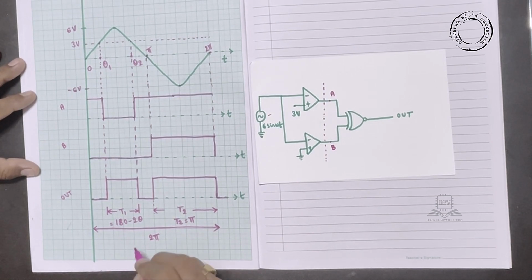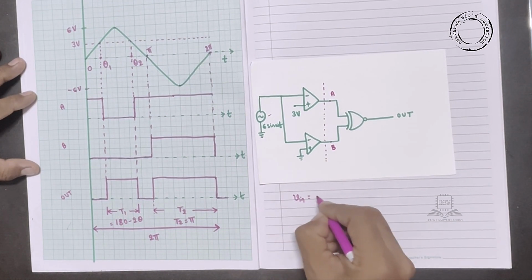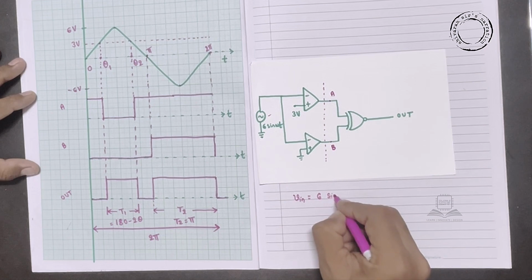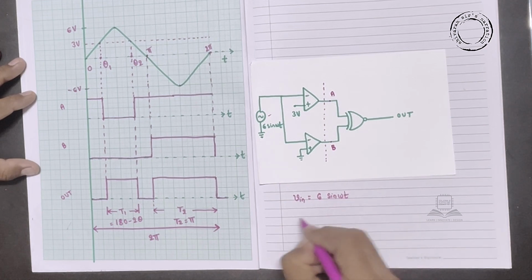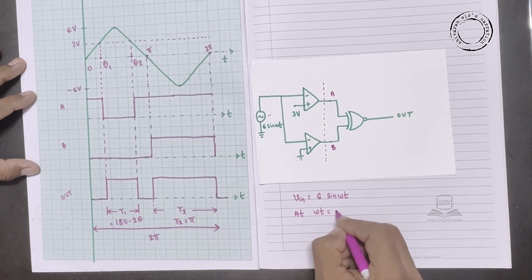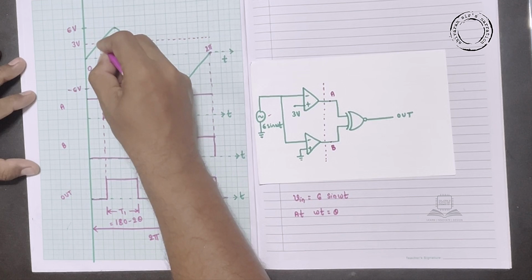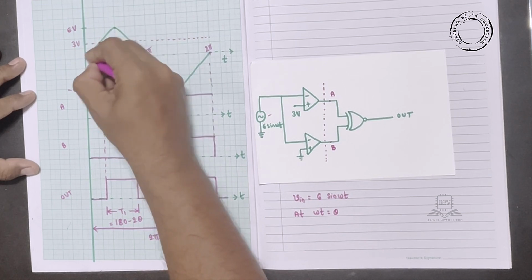Now we want to find out what theta is. What is the input signal? 6 sin omega t. At omega t equal to theta, the input voltage reaches 3 volts.